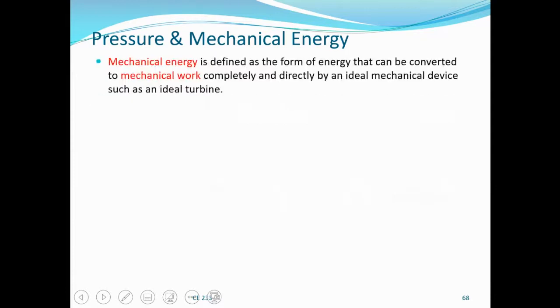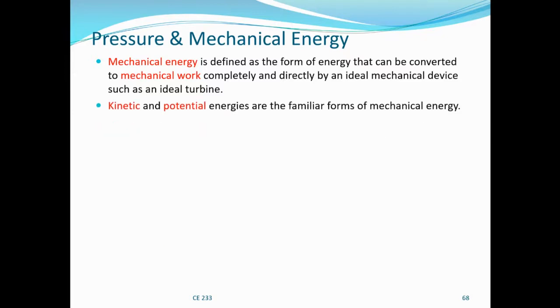Mechanical energy is the form of energy that can be converted to mechanical work completely and directly by an ideal mechanical device, such as an ideal turbine. Mechanical energy can be converted completely to mechanical work, in motion, isn't it? Something in motion. So it can be completely converted to mechanical work.